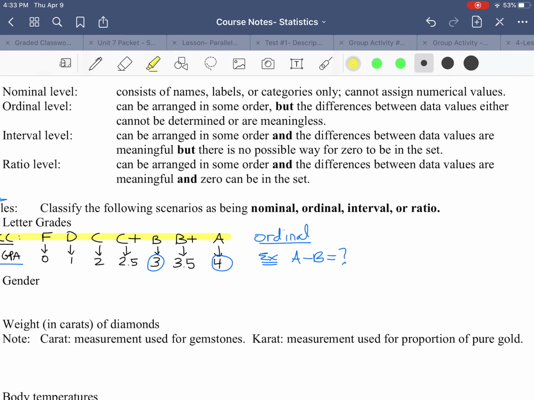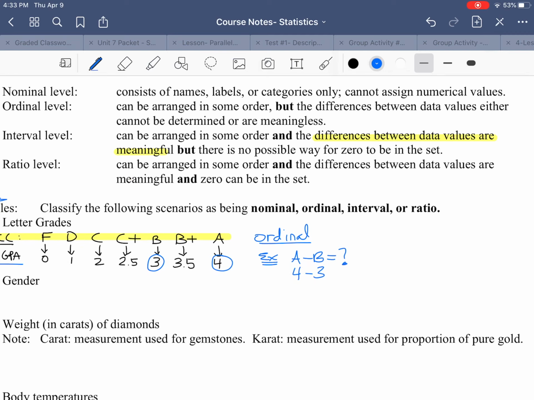And a key ingredient to move us away from the ordinal level into the interval level is to make the differences between data values have meaning. If I can't get them to have meaning, then I'm stuck in the ordinal level. Right? It's a hierarchy. We work our way from nominal to ordinal, interval to ratio in that order.